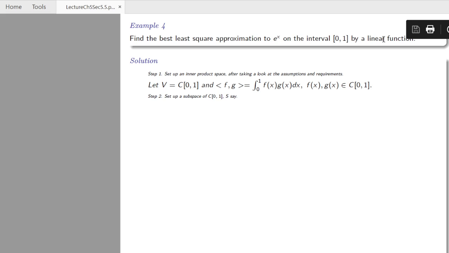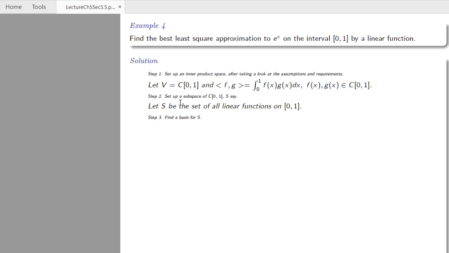So that means we should set up a subspace S as the set of linear functions on interval from 0 to 1. So in this way, we consider S to be the set of all linear functions on interval from 0 to 1. So this is a subspace of V.